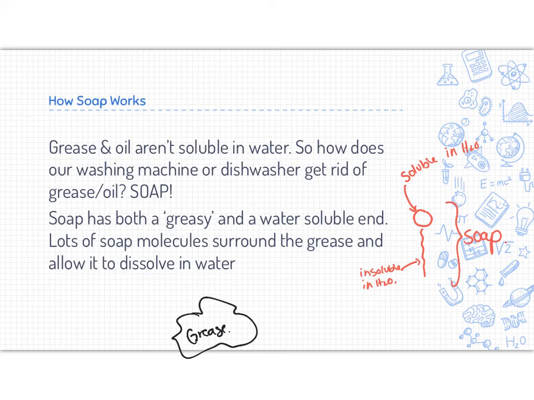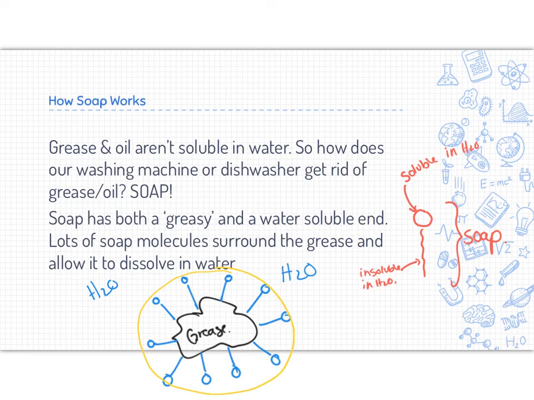So when soap is present, the soap molecules line up to put their insoluble end towards grease. So lots of soap molecules will surround our grease molecule. So much so that these soluble pieces are very close together. And then when the water molecules are surrounding it, it's okay because this end is soluble in water and the ends that are not are holding onto the grease molecule. So this whole particle now surrounded is now soluble.